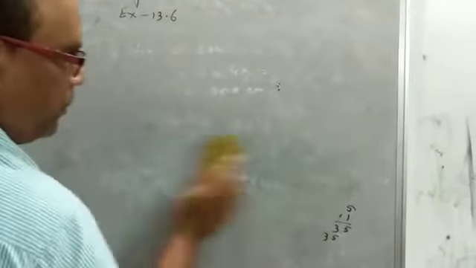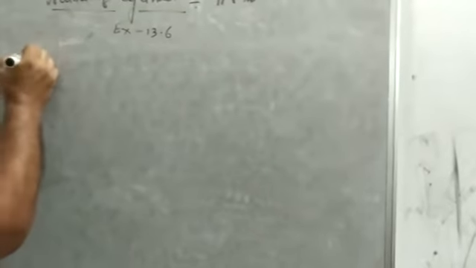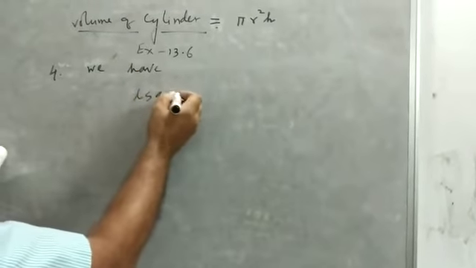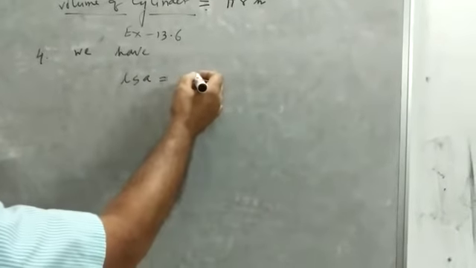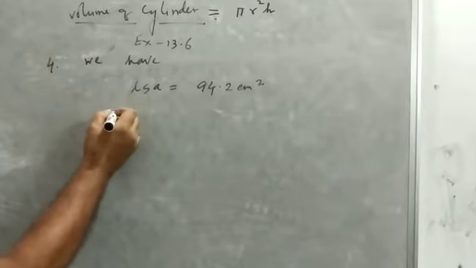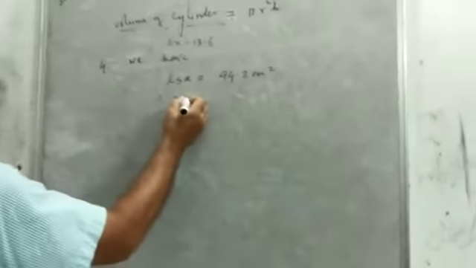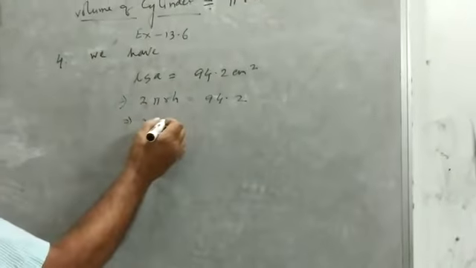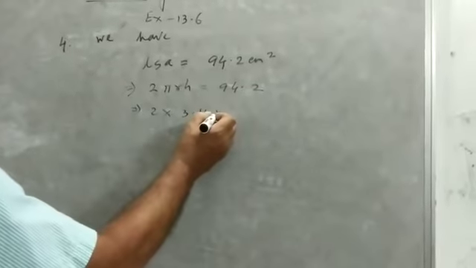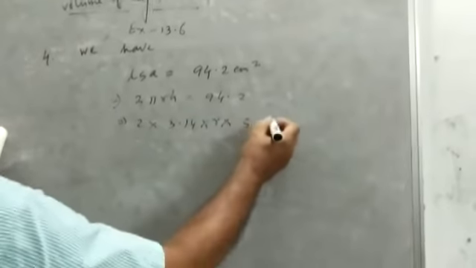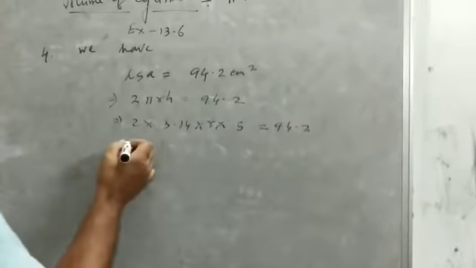So question number 4. We have LSA, meaning lateral surface area, given as 94.2 centimeter square, and the lateral surface area of a cylinder is 2 pi r h. So 94.2 equals 2 × 3.14 × r × 5, where the radius we have to find and the height is given as 5.